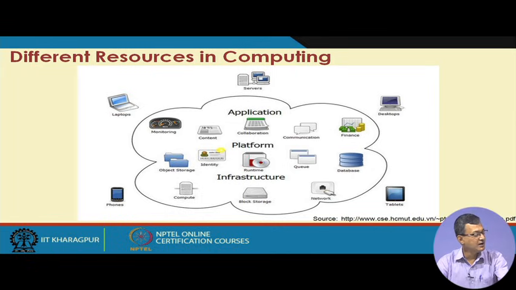So, these are the different types of resources, and the customers basically hook into the cloud with different types of heterogeneous systems. It can be servers, laptops, smartphones, tablets, desktops and so on and so forth.